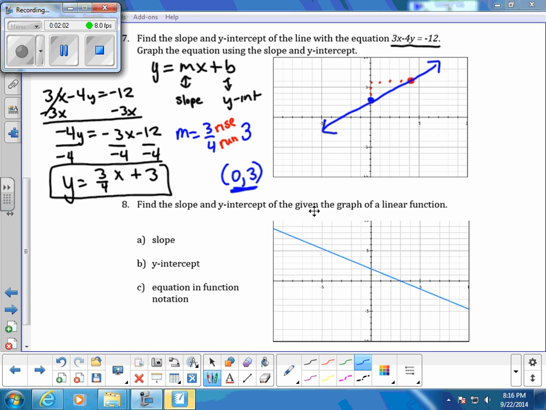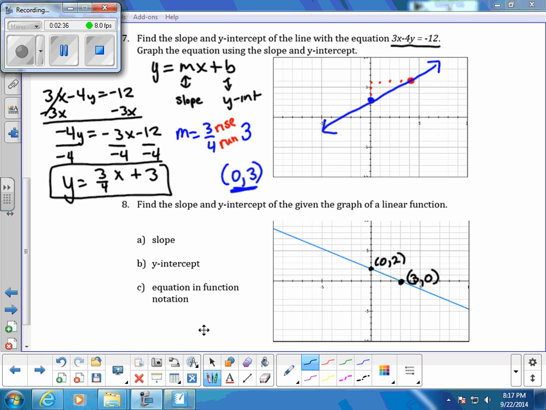Okay, in number 8, this time they give us the graph of the line, and ask us for the slope, the y-intercept, and the equation in function notation. So let's see if we can find two particular points on this graph. First of all, this is the ordered pair 0, 2, and this is the ordered pair 3, 0.